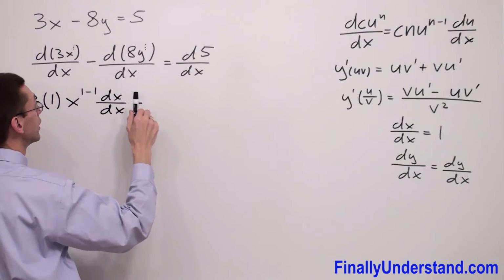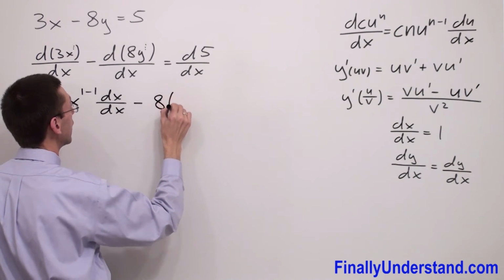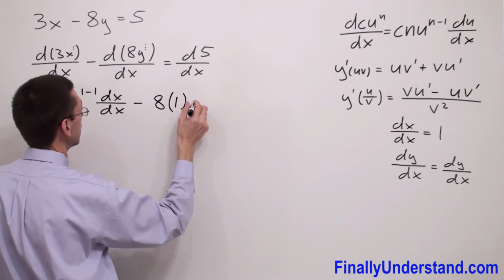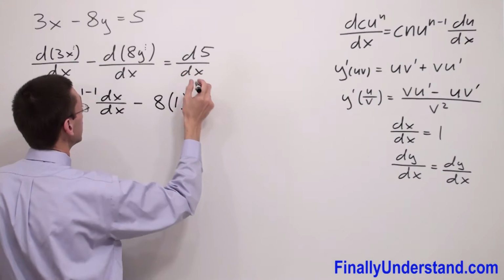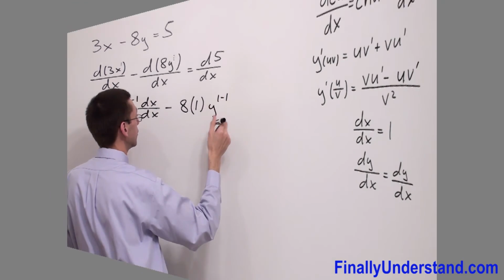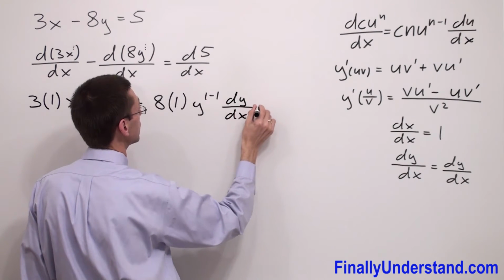Again, we're supposed to use that rule, so I have constant 8 times the power 1, and I have 1 minus 1 times the derivative dy over dx.